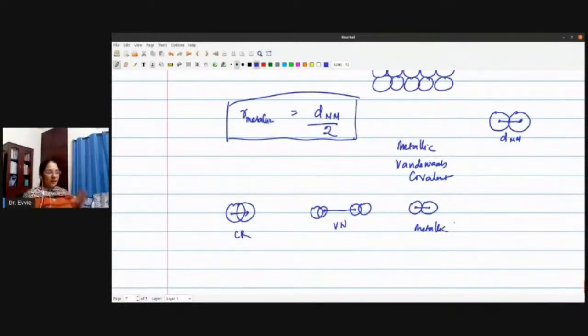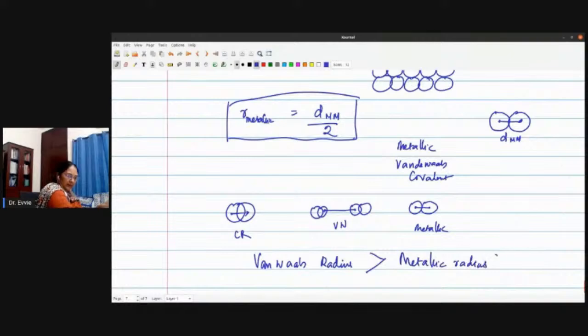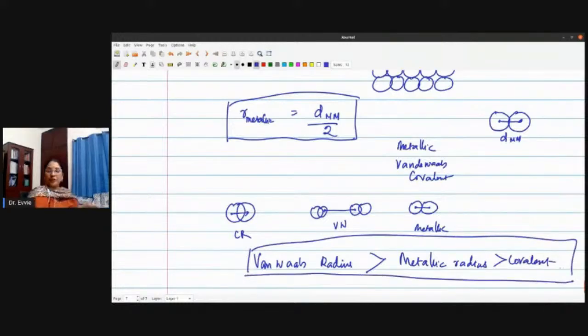Fine. So you can see here, from this you can say that van der Waals radius is bigger, next will come your metallic radius, then comes your covalent radius. I'll give you a competitive question based on this also.